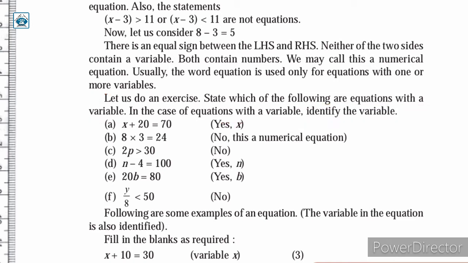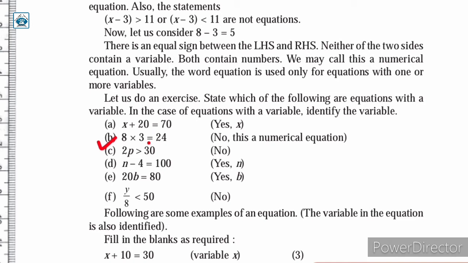So in the first case we are given x plus 20 is equal to 70. So here we are given the symbol of equality. Therefore yes, this is an equation. Also we are given the variable x over here. So yes, it is an equation in the variable x. Next, 8 multiplied by 3 is equal to 24.